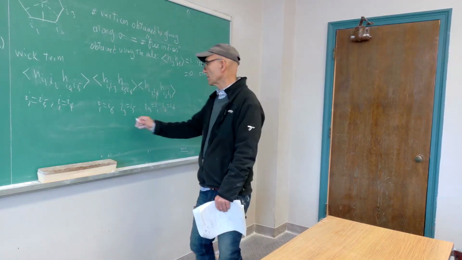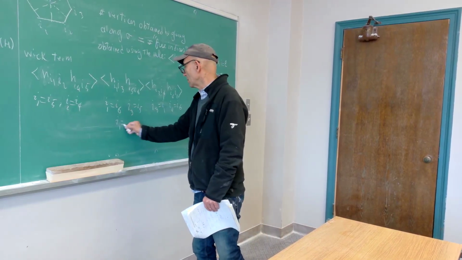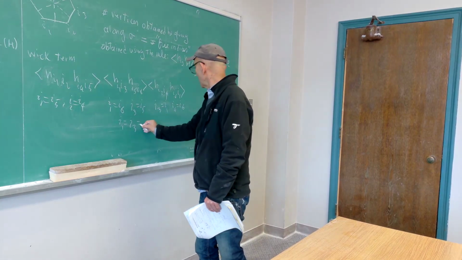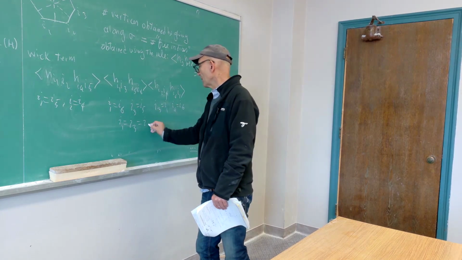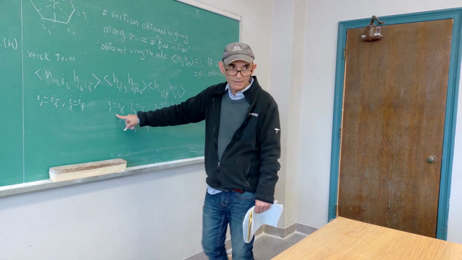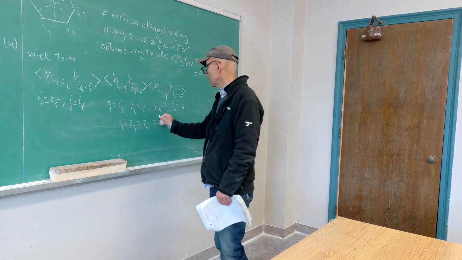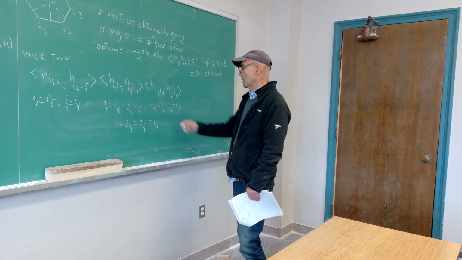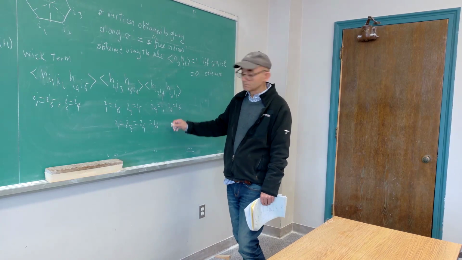So let's see how this restricts me. This just tells me that I1 must be equal to I3, must be equal to I5, must be equal to I6, right? And that must be equal to I4.